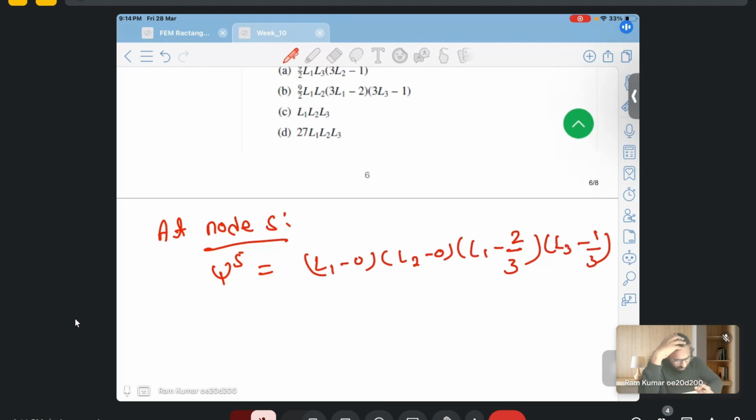Yes, it is correct because I wrote it in my notes like this. Okay, sir. Now the division we will write: 1 by 3 minus 0, then again 1 by 3 minus 0, 1 by 3 minus 2 by 3, and 1 by 3 minus 0.